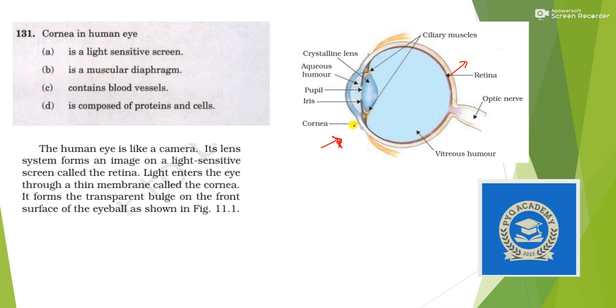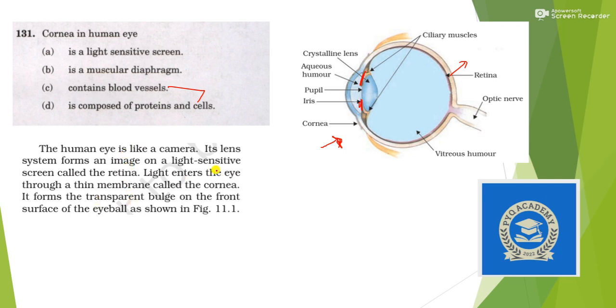No, the muscular diaphragm is the iris, because this will control the pupil. Next is contains blood vessels, and third is composed of proteins. Okay, we do not know about these options, but let's try to apply.